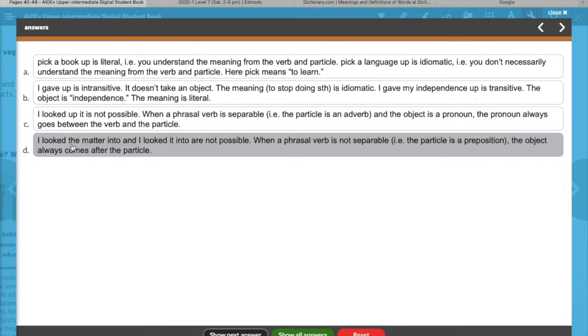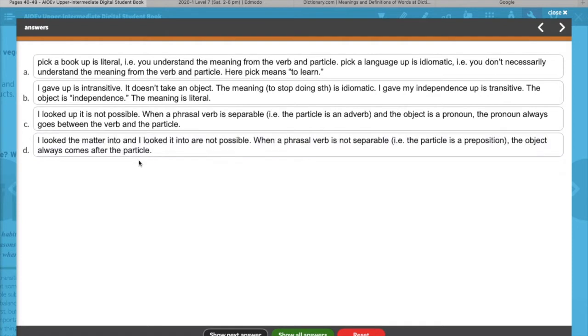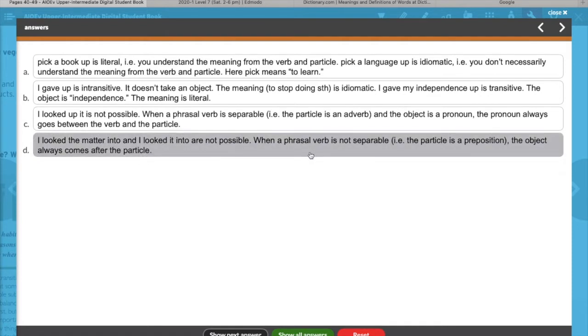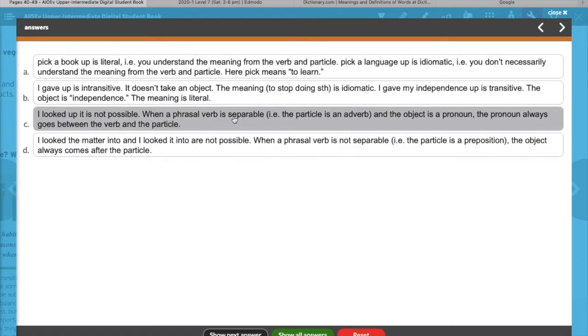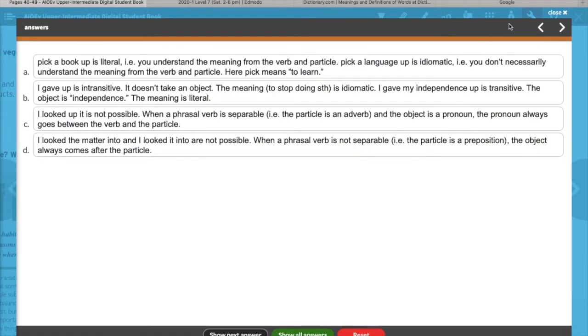And I looked the matter into and I looked it into are not possible. In this case, the phrasal verb is not separable, because the particle is a preposition and the object always comes after the particle, so be careful here. This one is an inseparable phrasal verb, and this one can be separated. Okay?